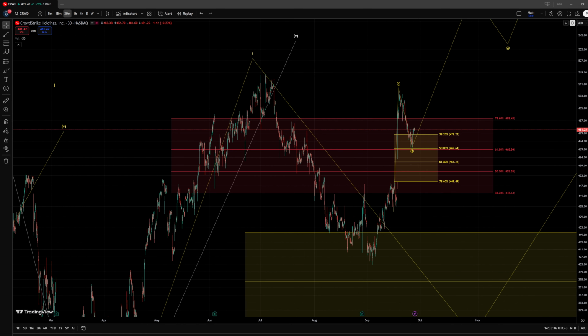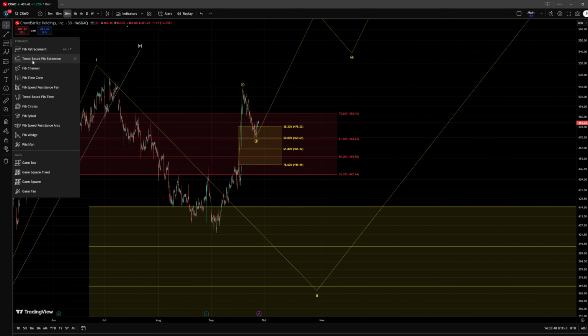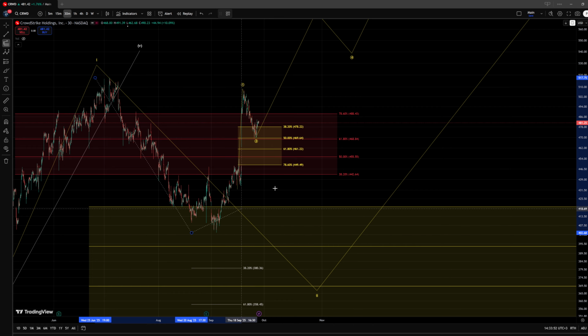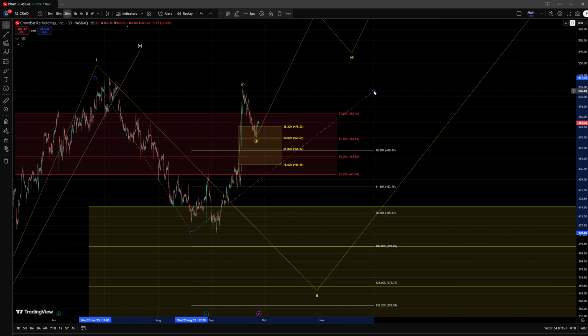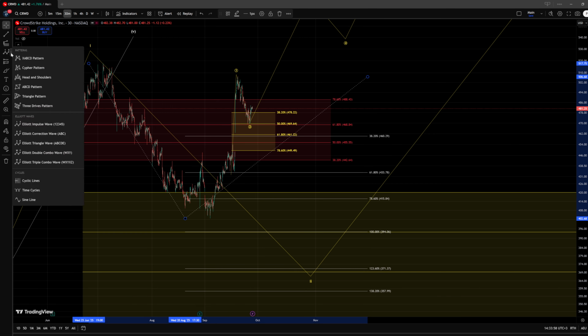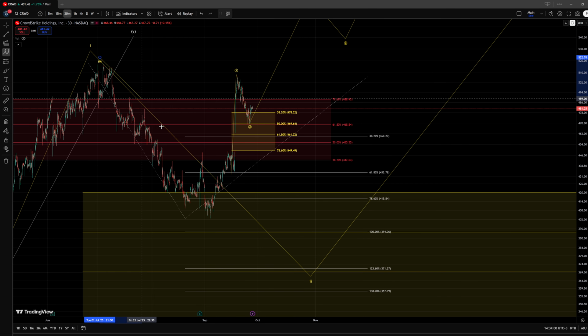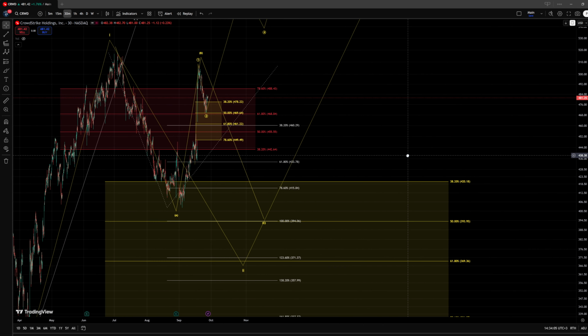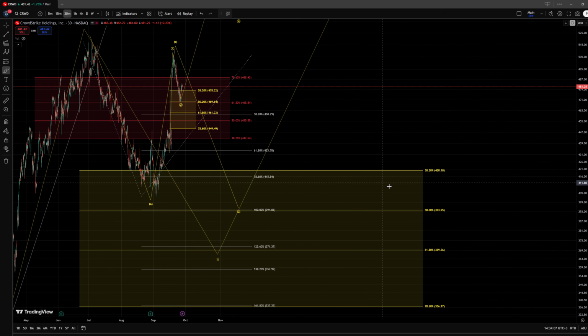Now, if we fail to hold this support zone and we head into a reset of at least this wave 2 in yellow, I would be looking for an ideal target at the 100% extension of the wave A, and I will even add here this label, where it would actually be very much in confluence with the 50% retracement. Actually it overlaps pretty much perfectly at the $394 level.